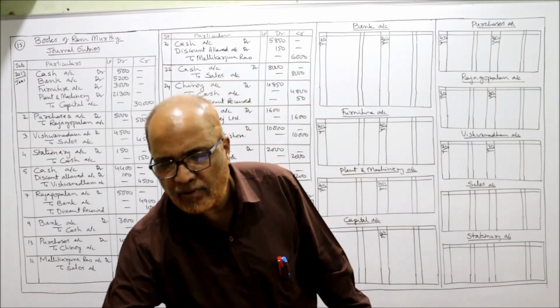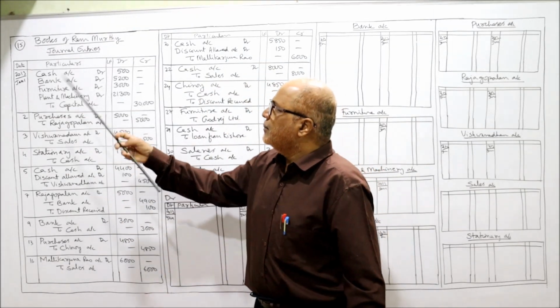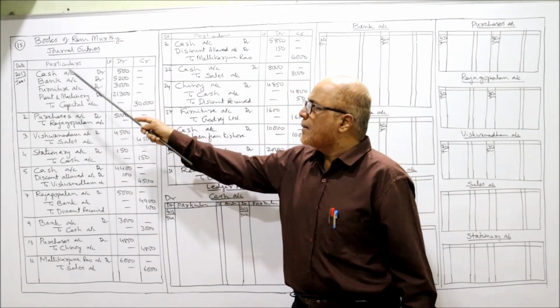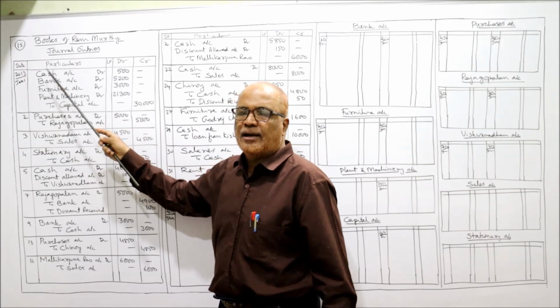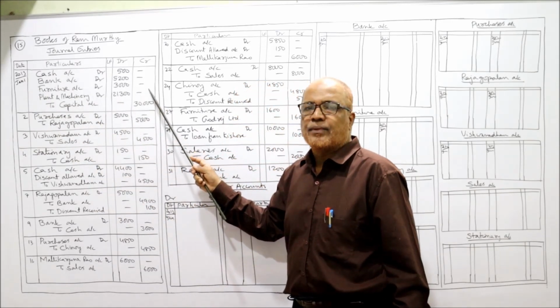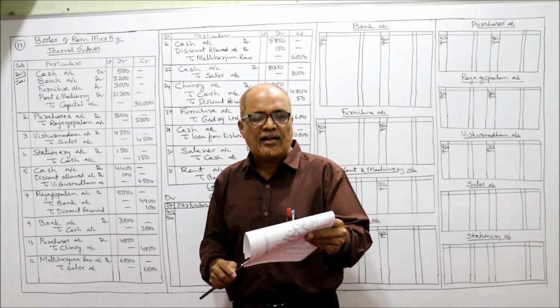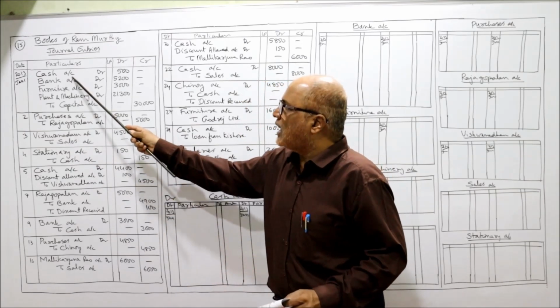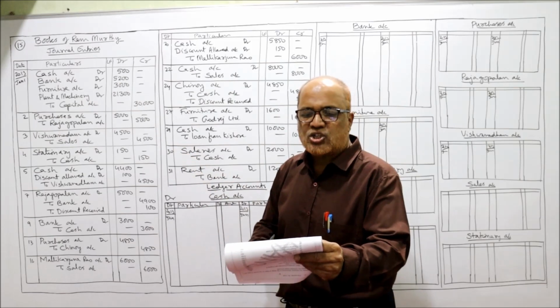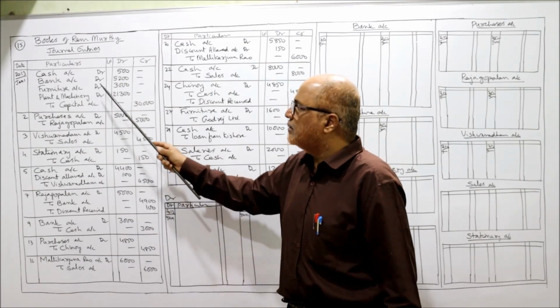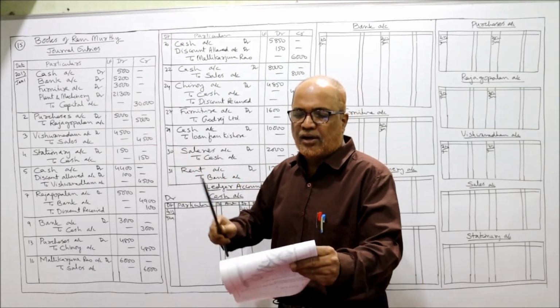Now see here, first of all we will pass the journal entry. Now books of Ram Murthy, journal entries, January 1st 2013, date, particulars, LF, debit, credit. Now what are the assets the owner is bringing in? Cash in hand is 500. So cash account debit 500. Cash at bank 5,200. Bank account debit 5,200.